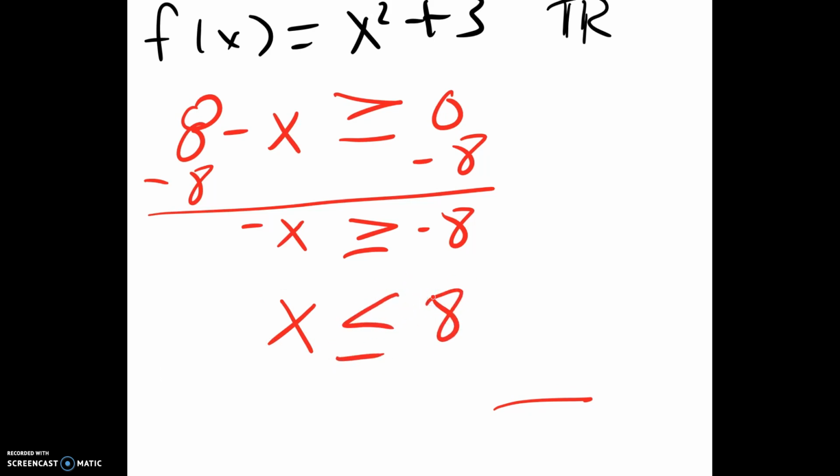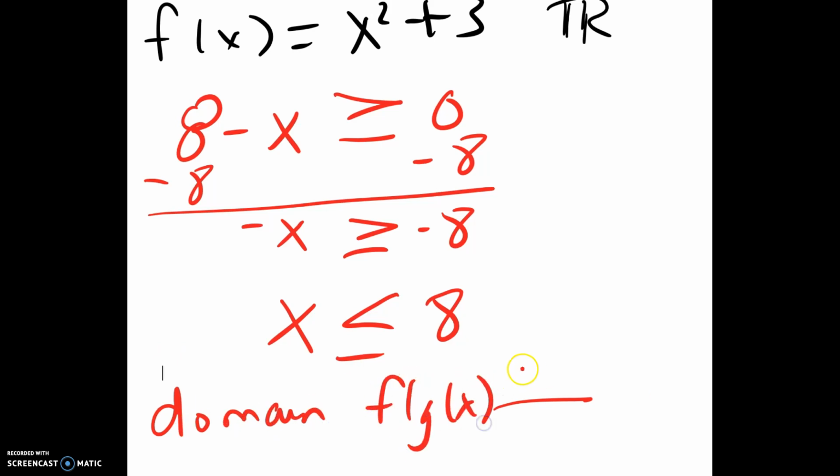So this is the restriction that we need to impose because, again, the output for g became the new input for f. So the domain of f of g of x was or is x needs to be smaller than or equal to positive 8.